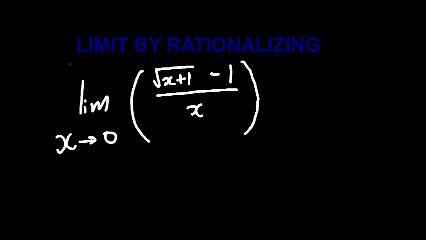I will do this example, but first I have to demonstrate some concepts. Let's say you have root a minus b, or root a plus b. There is something called a conjugate.